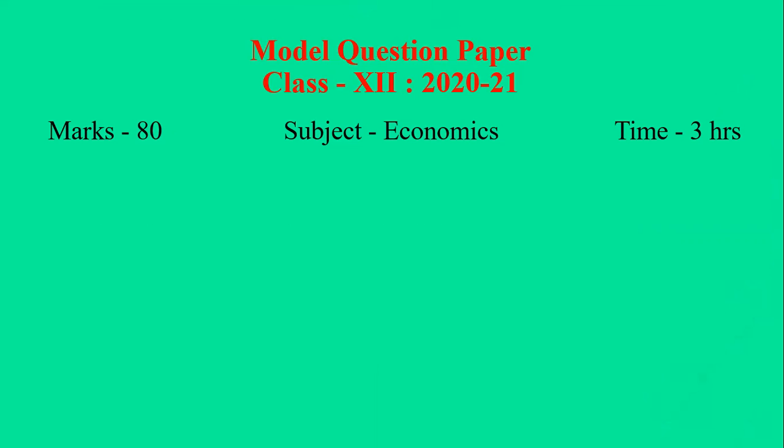Out of them, any 4 parameters will be asked in the board exam. Out of all the parameters in the text, I have selected 4 parameters for this model question paper. That is, choose the correct option, complete the correlation, find the odd word out, and assertion and reasoning type questions.